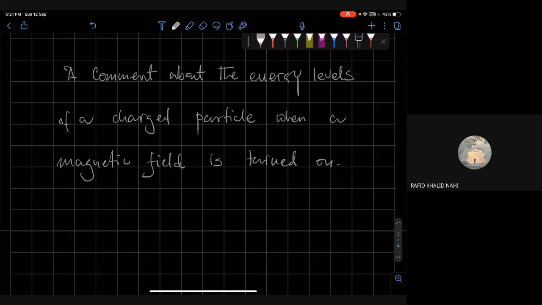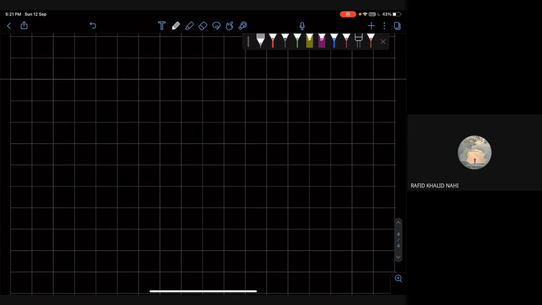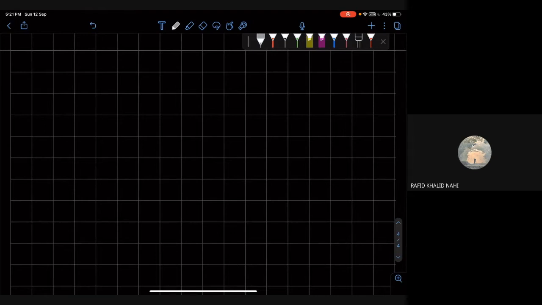So our preliminary system, suppose we take very long coaxial cylinders, okay? So we have a cylinder like this.